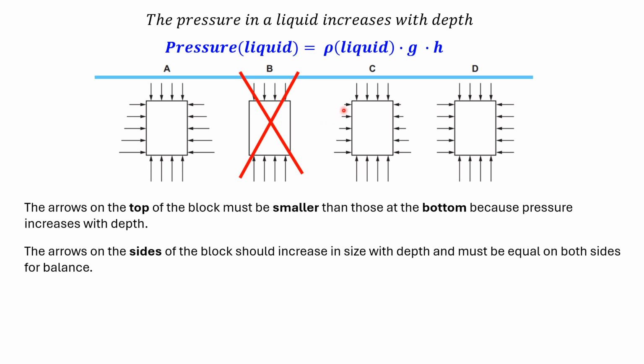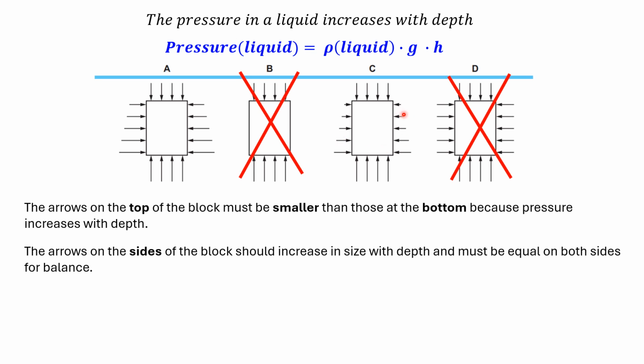So now we are going to eliminate B. C, the arrows are increasing in size. They are both the same, on both sides they are the same. Correct. D, the arrows are not increasing in size, even though both sides arrows are the same. So we are going to eliminate D as well. Now we have option A and option C left.